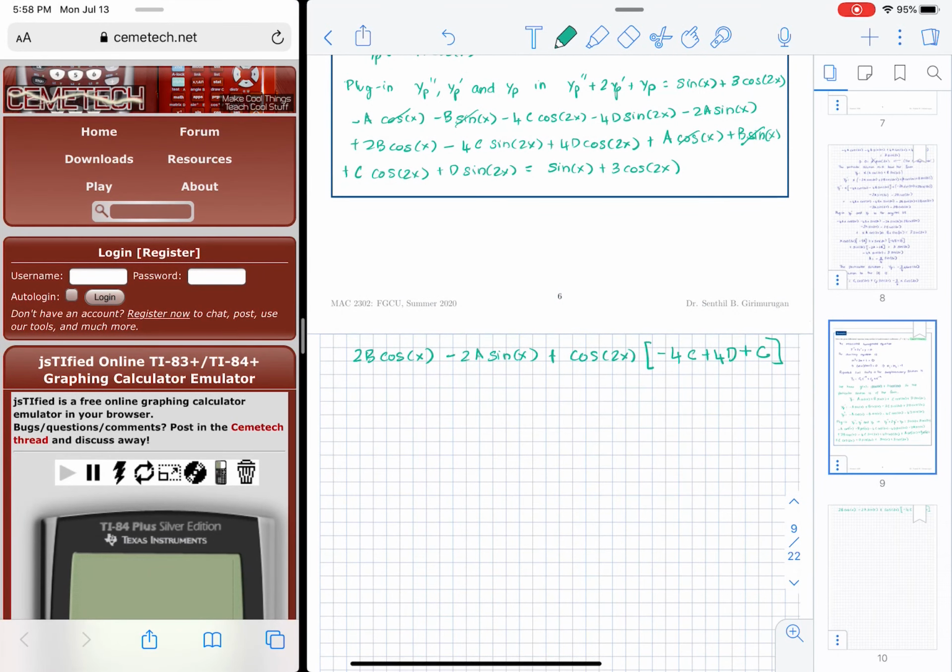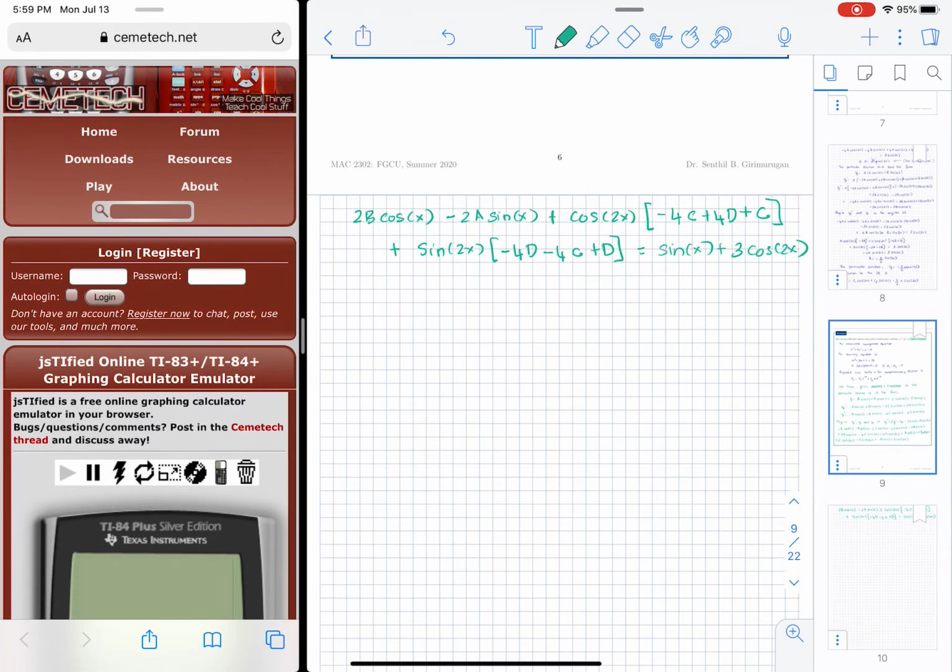Sine 2x terms: minus 4d, minus 4c, plus d, equals sine x plus 3 cosine 2x.